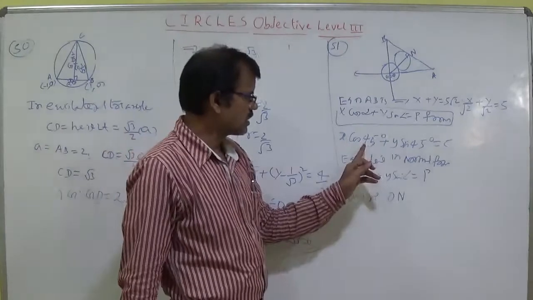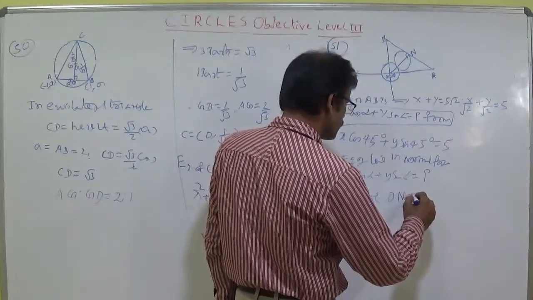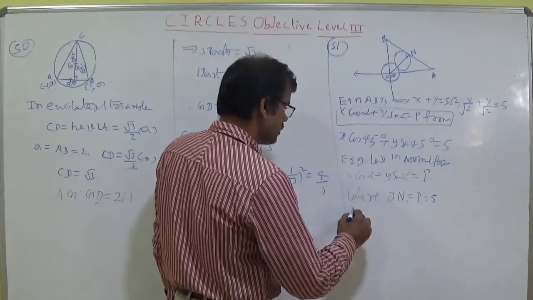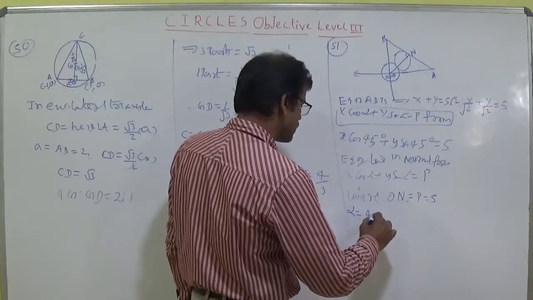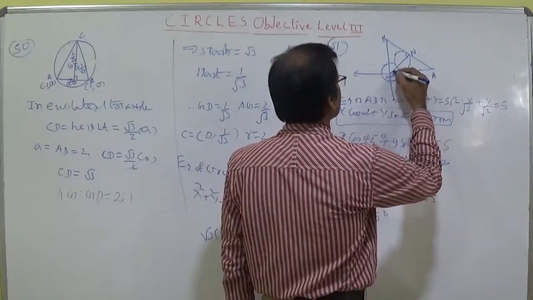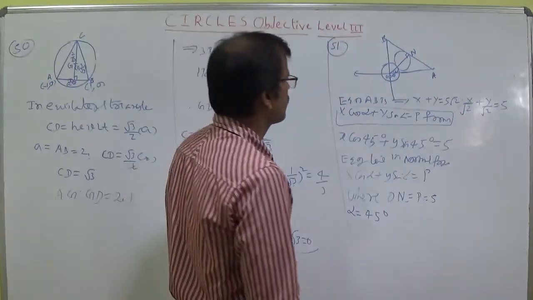Here we can understand that the angle alpha is 45 degrees. So ON is equal to P is equal to 5 and alpha is equal to 45 degrees. So it is the angle made with the positive direction of x-axis as 45 degrees here.